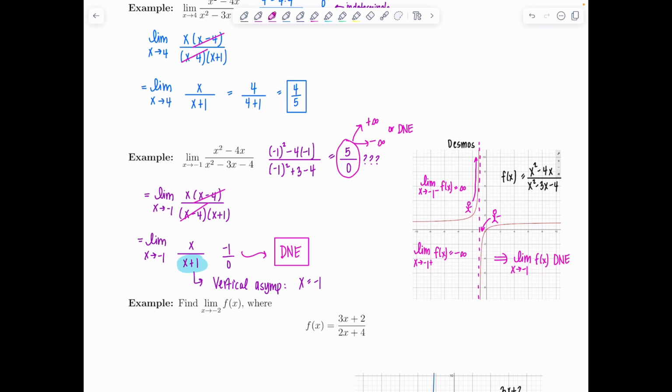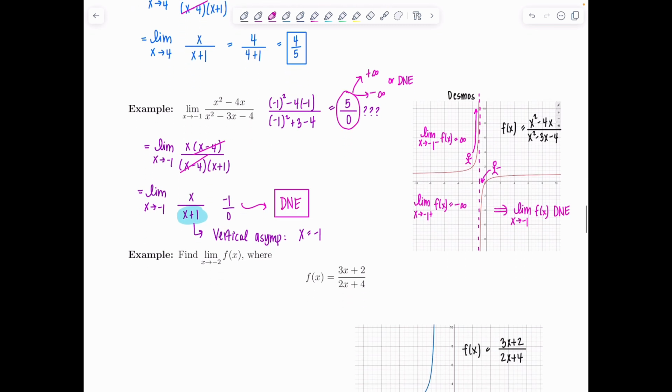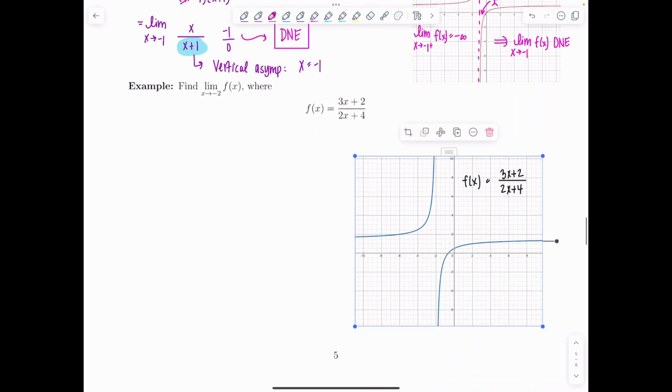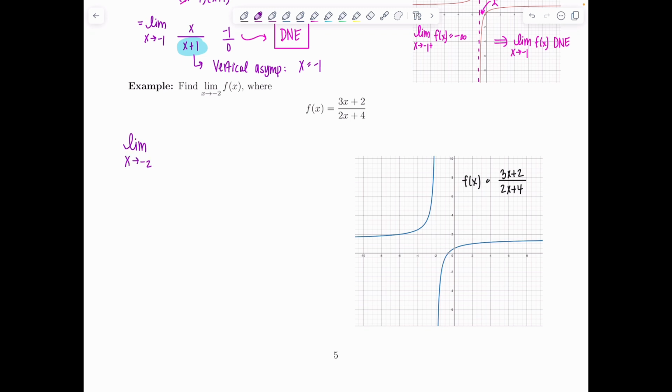Very good. Let's look at another example where we're going to have this non-zero over zero infinity situation come up. So find the limit as x approaches -2 of f of x, where f of x equals 3x plus 2 over 2x plus 4. I have the graph here, but say you were to start off trying to do it by hand. So you're doing the limit as x approaches -2 of 3x plus 2 over 2x plus 4.